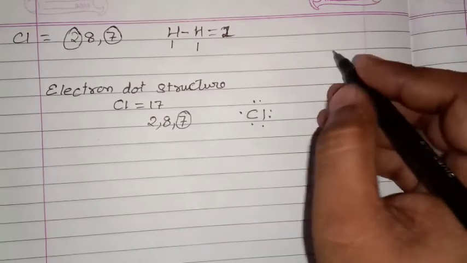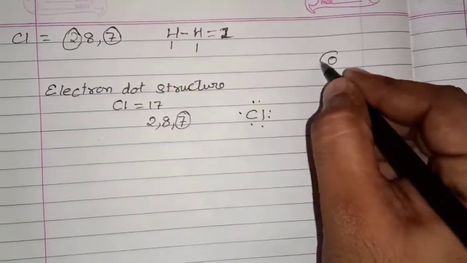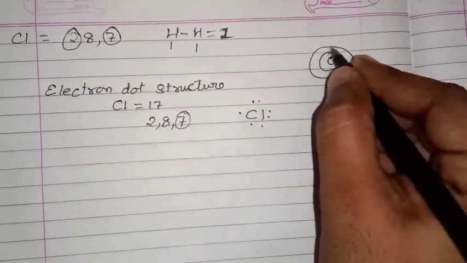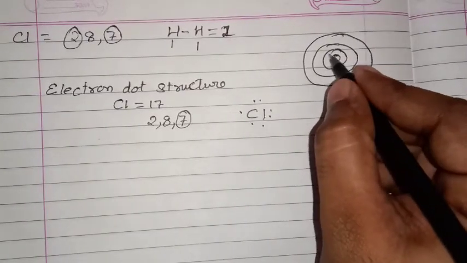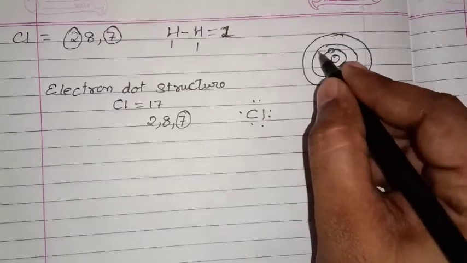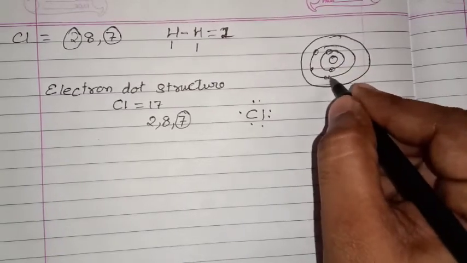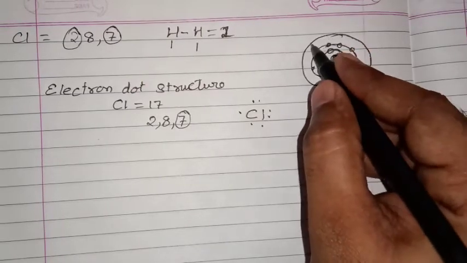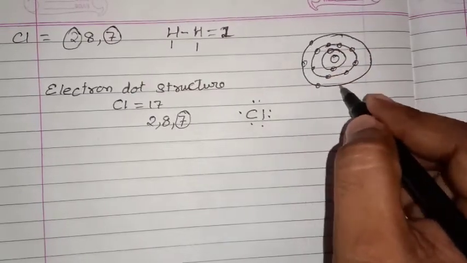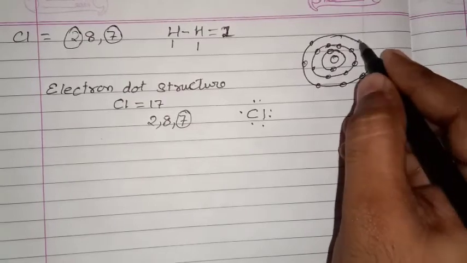In this case we cannot refer to this one as such. These structures, with the nucleus, two atoms, 1 to 8 and then 1 to 7, are not called electron dot structures.